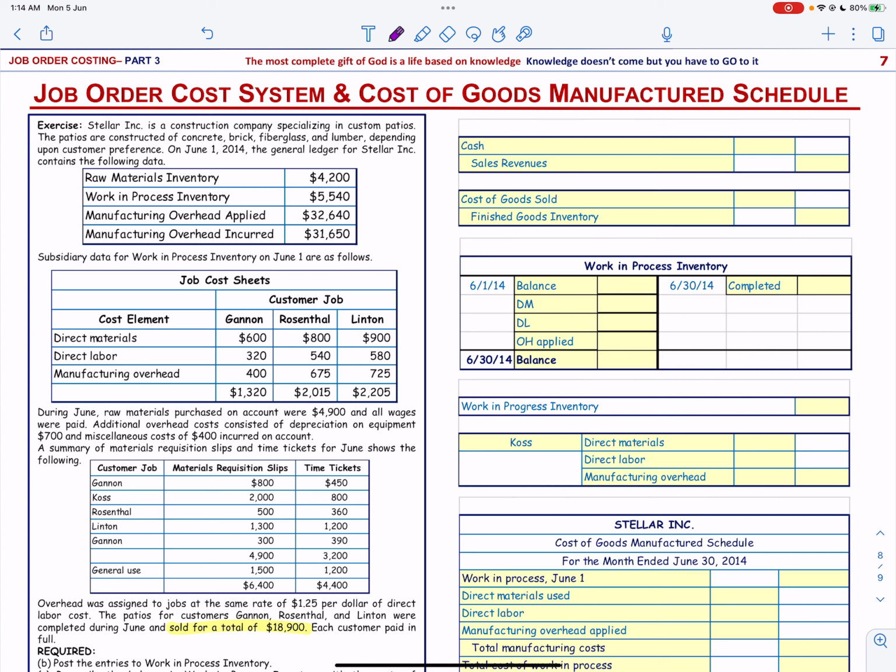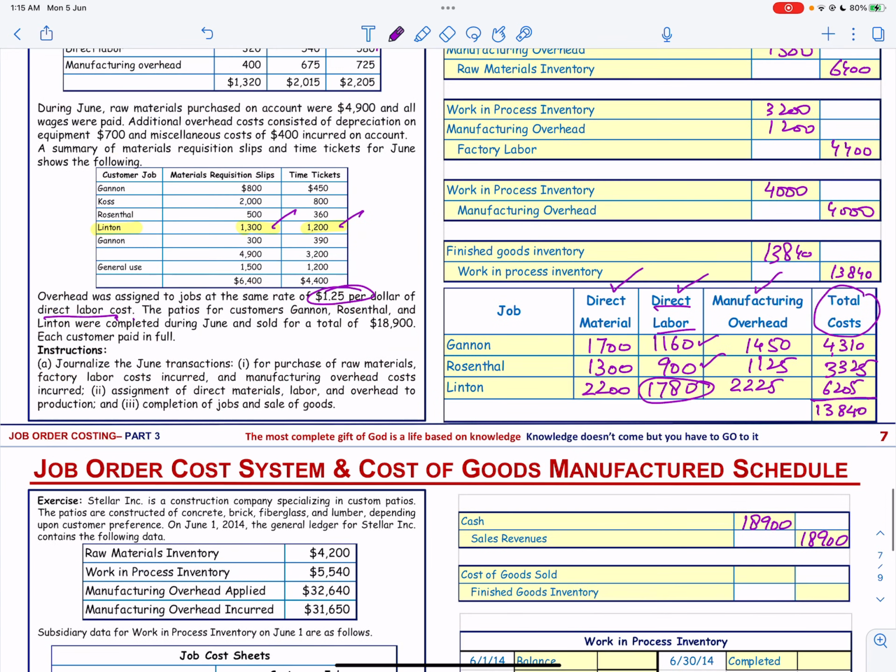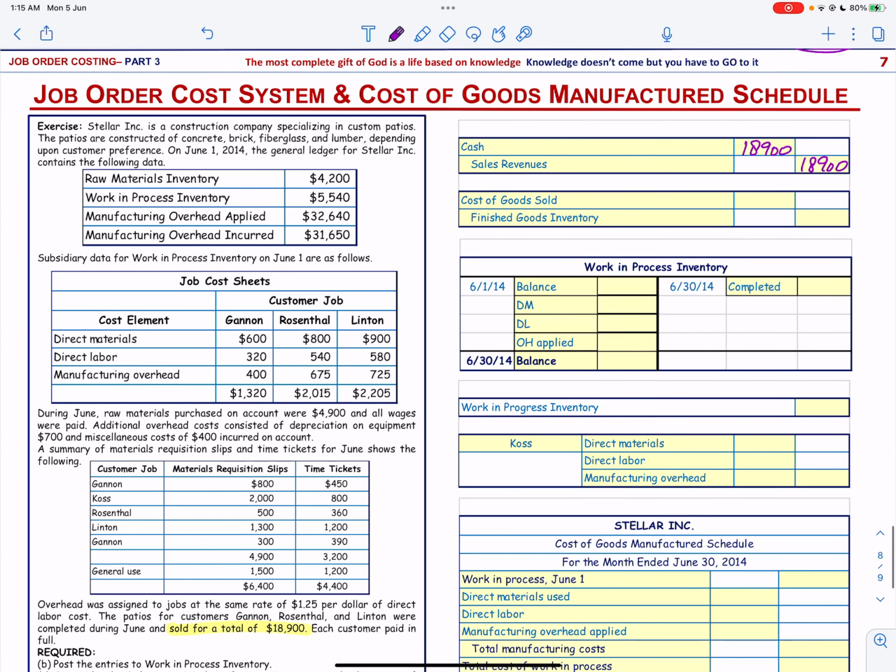So cash is debit by 18,900, and sales revenue is credit by 18,900. Next, we have the cost of goods sold, and the cost of goods sold we have already calculated as 13,840.